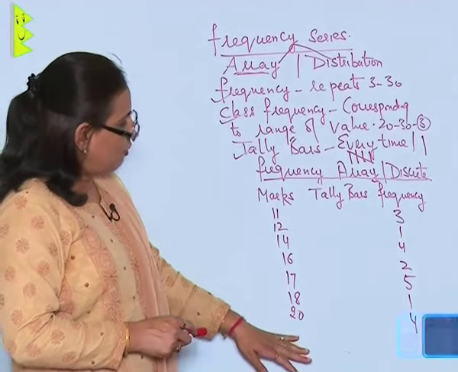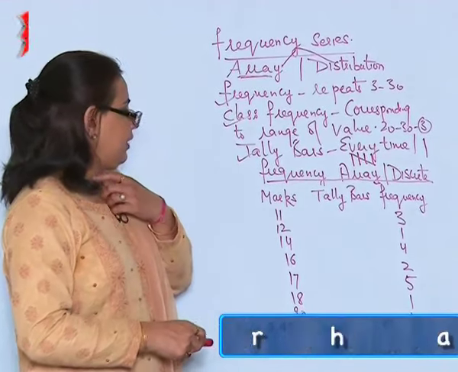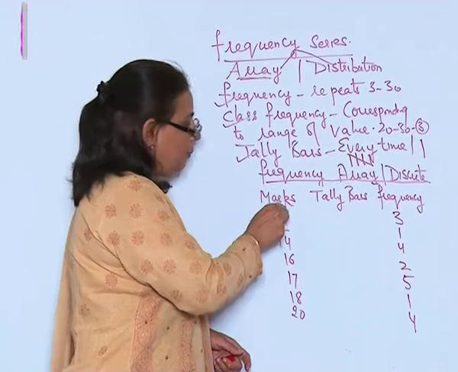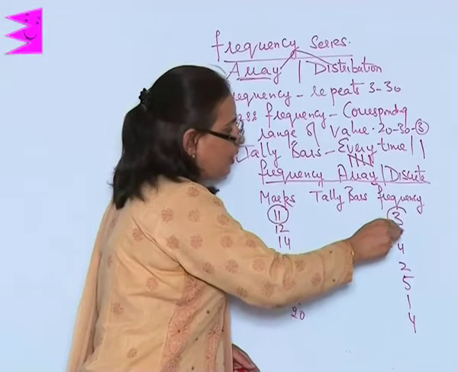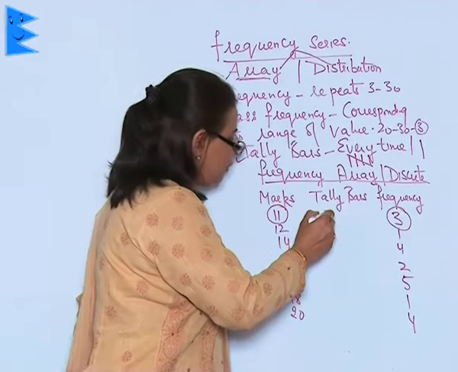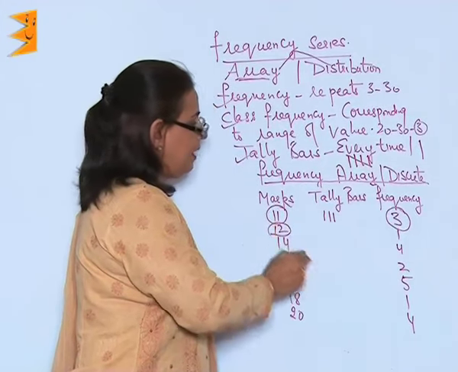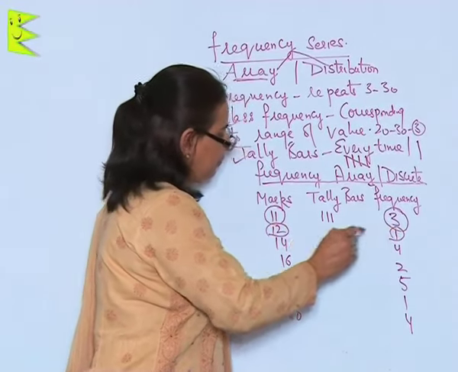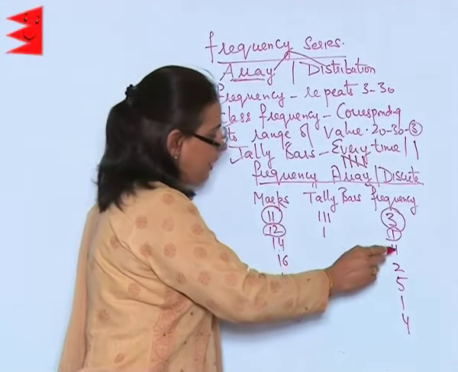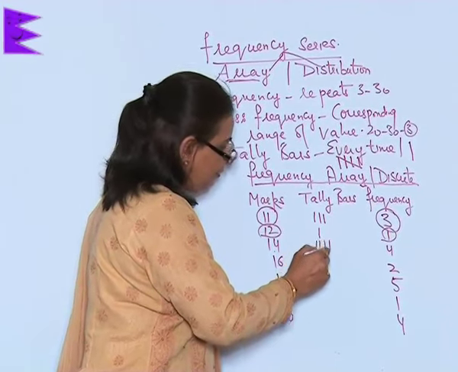These are the marks of 20 students, say of class 11 economics. 11 marks are obtained by 3 students of the class, so that means 1, 2, 3. 12 marks are obtained by 1 student, so that means 1 bar. 14 marks are obtained by 4 students: 1, 2, 3 and 4.